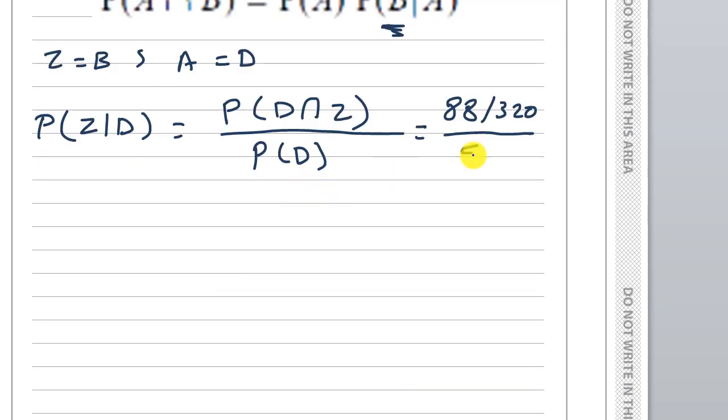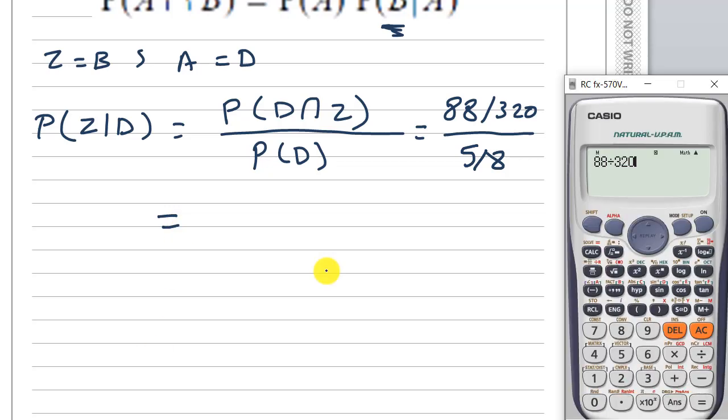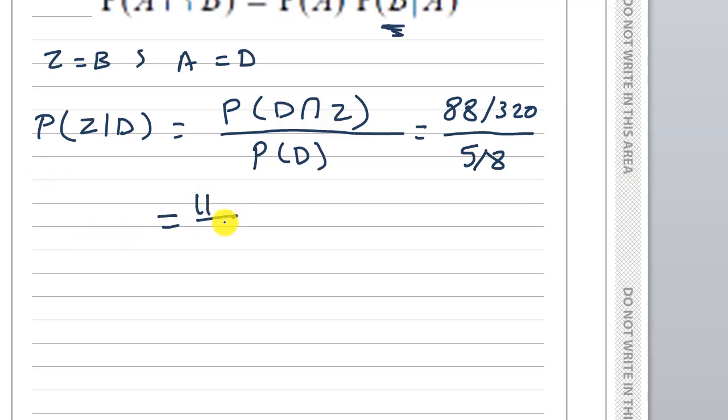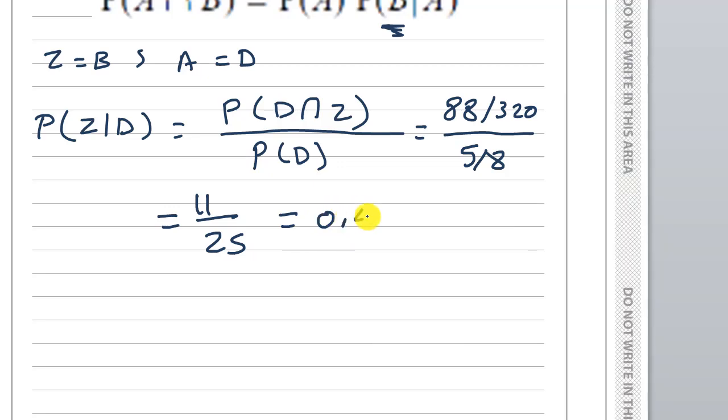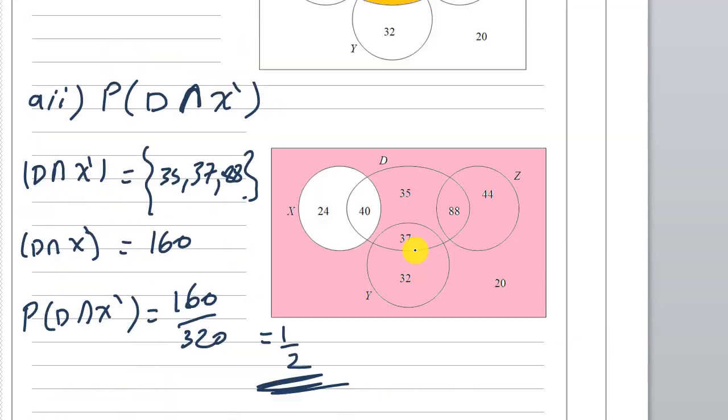So it's equal to 88 divided by 320 divided by 5 divided by 8, which is 11 over 25, which is equal to 0.44. And this is the answer of this part. Let us go ahead to another part.